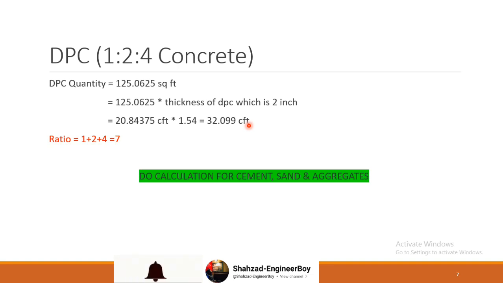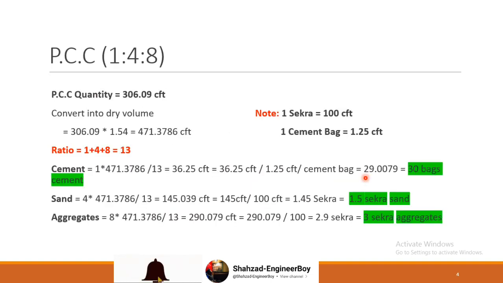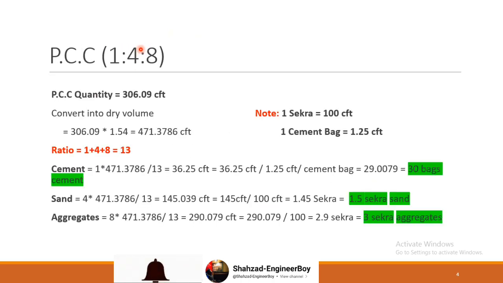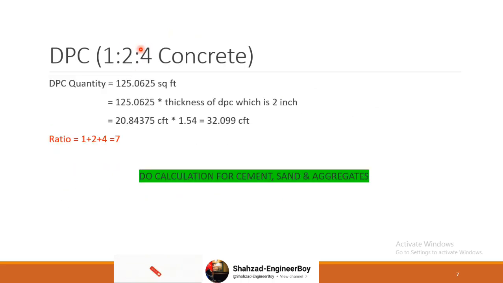You can find out the cement, sand and aggregates as we have done here. You have the quantity, and you have the ratio given here for DPC, 1:2:4. Just find out with this ratio, same old procedure, and you will get the number of cement bags, sand and aggregate for DPC.